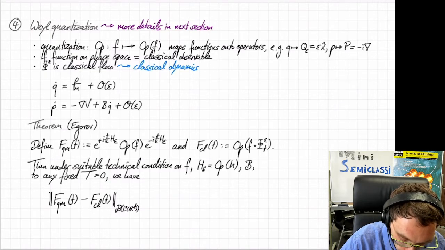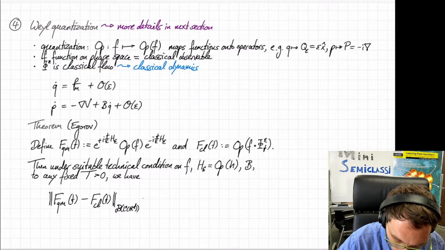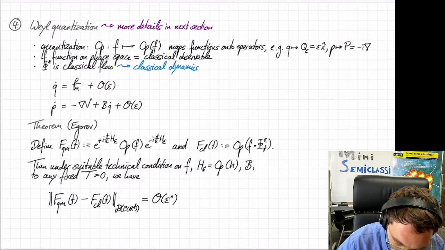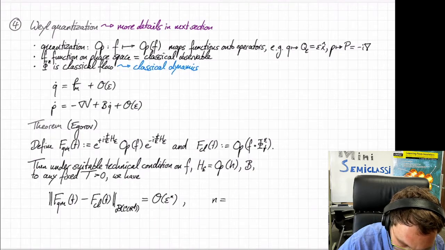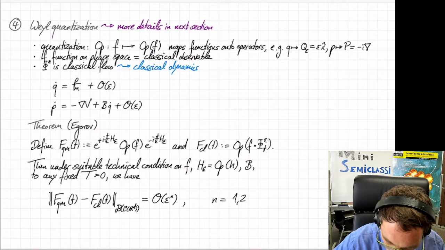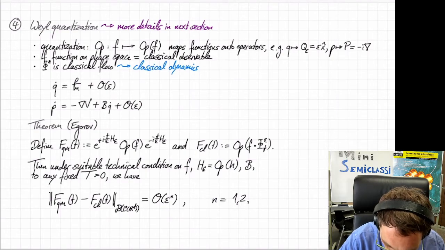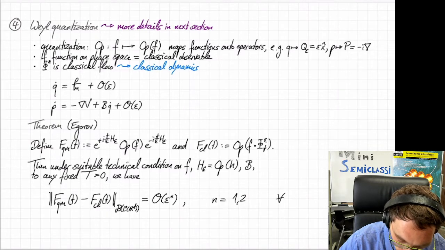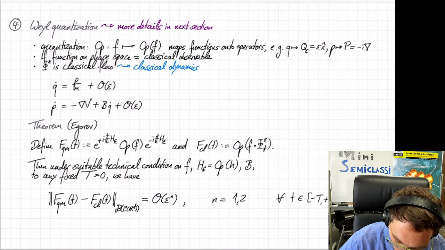But you can also think of different norms here. Then this is equal to order epsilon to the n, where n is typically 1 or 2. And this is for all times from the time interval minus t to plus t.